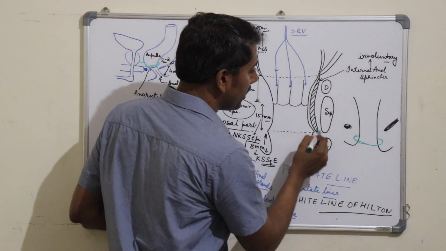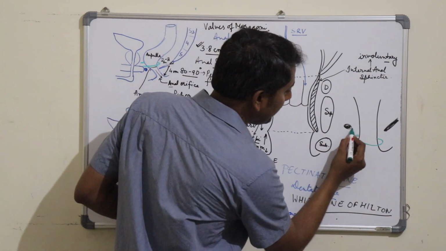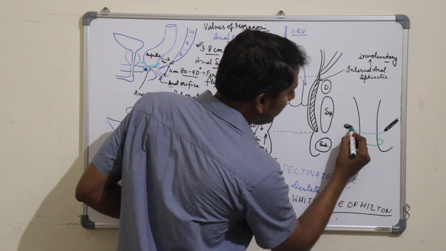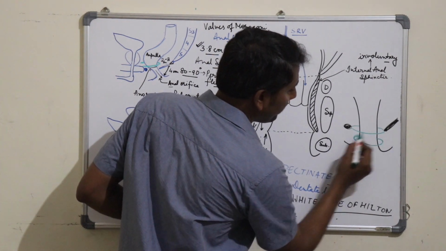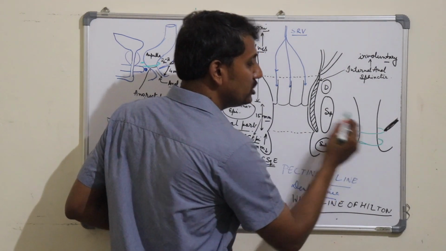The superficial part is elliptical in shape and is entirely attached to the perineal body and posteriorly it is attached to the anococcygeal raphe. So we can here see that it is elliptical in shape.